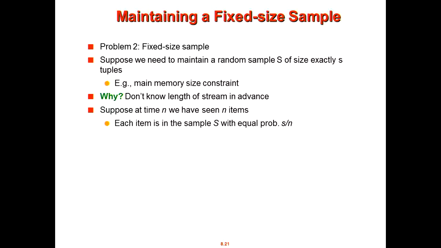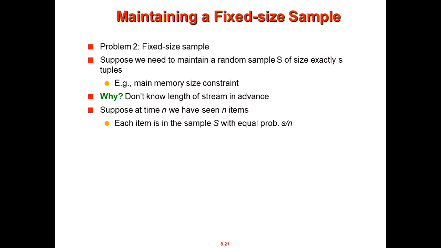Suppose that we need to maintain a random sample S of size exactly S tuples. For example, the main memory size is constrained, so we only have S megabytes to do the sampling.